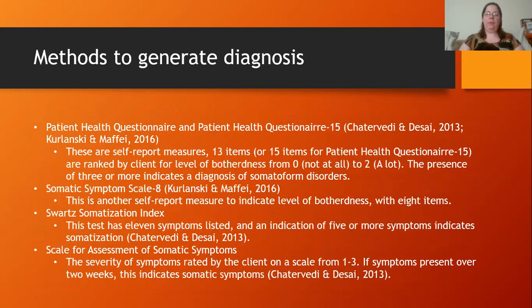The severity of symptoms is rated by the client on a scale from 1 to 3, and if symptoms present roughly on that same ranking for over 2 weeks, this would indicate somatic symptoms. Of course, this is just a few of the scales and assessments that are available out there. New ones are being developed all the time, as we know, but these are some of the ones that cropped up in my research.